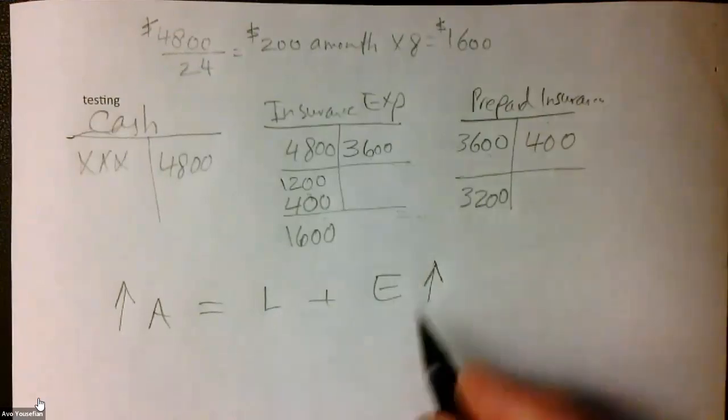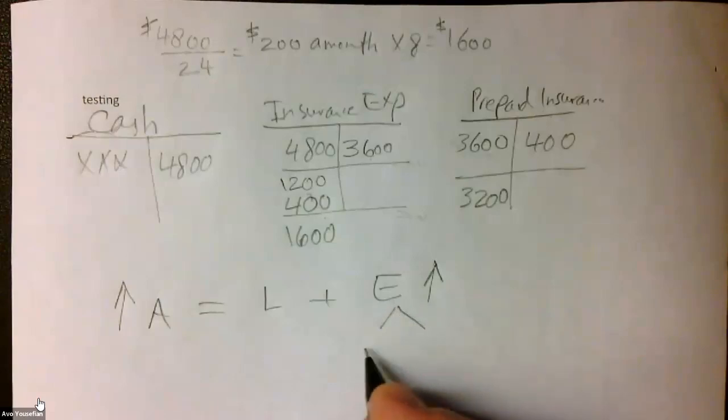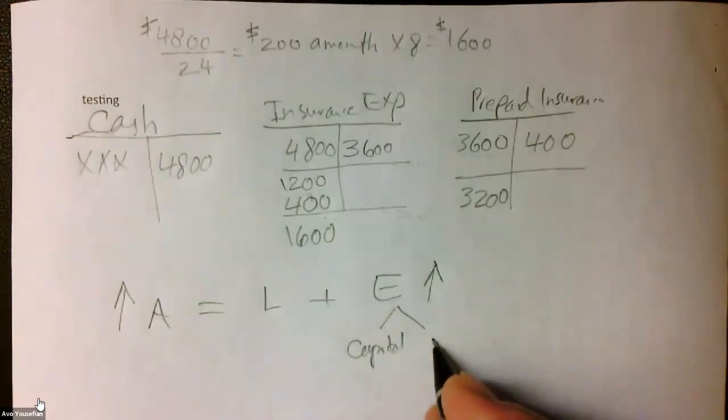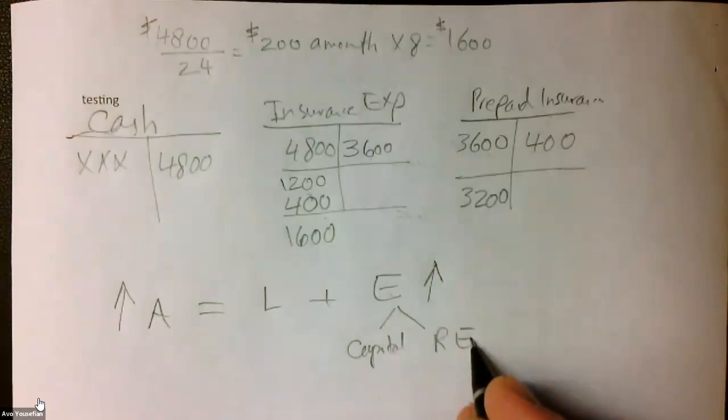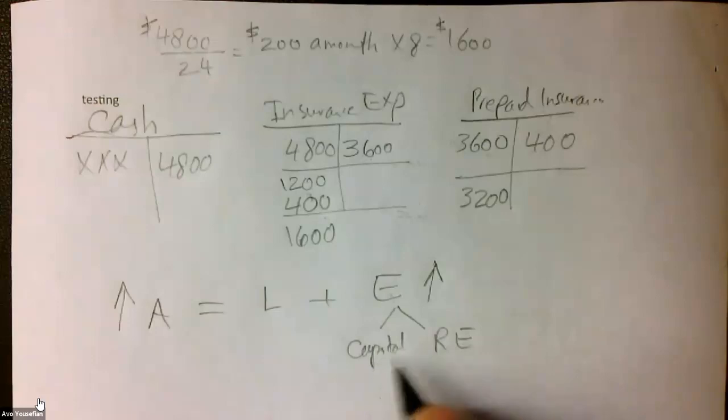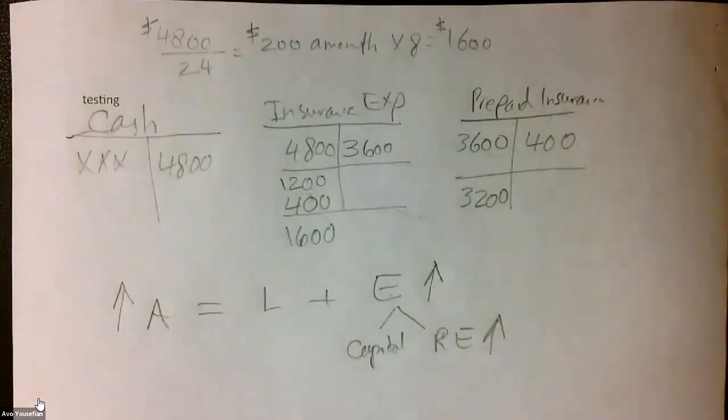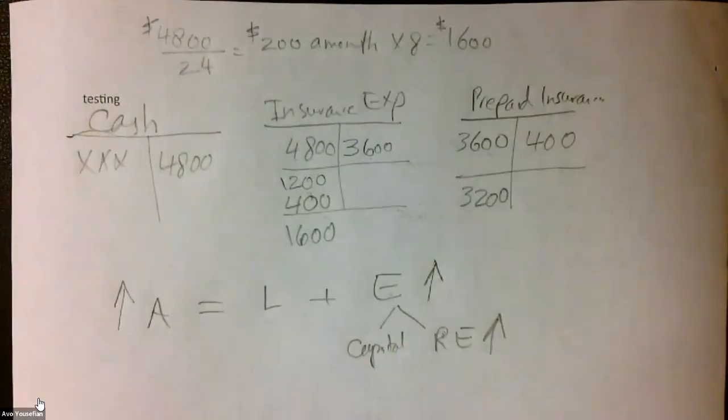What is in the equity section? Capital and retained earnings, right? Capital is not changing, but retained earnings will be overstated. So overstated retained earnings on one side, overstated asset on the other side. Okay.